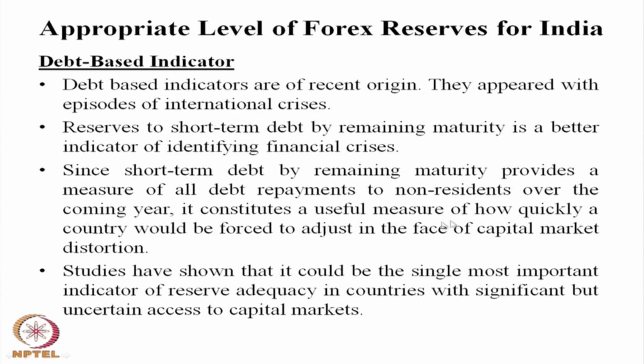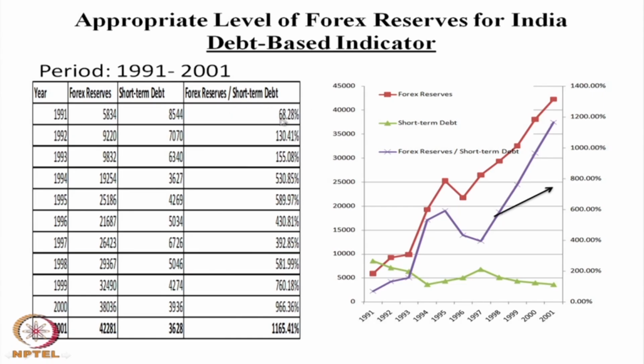If you see this indicator over the years, for short term debt, we have a significant amount of reserve to pay. In 2002 our foreign exchange reserve could pay only 68% of short term debt, which has increased to nearly 1165%, because we are significantly sufficient to pay for our short term debt.